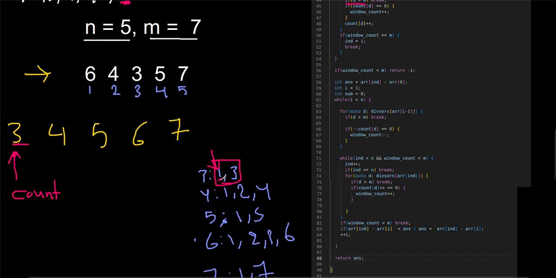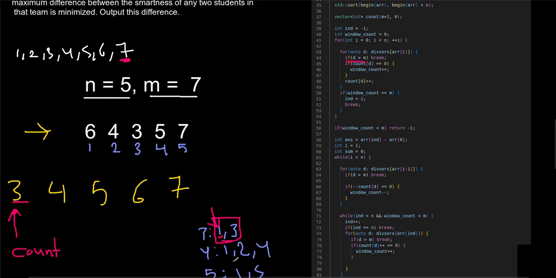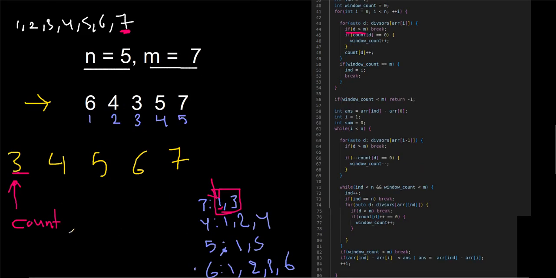Now here we have 1. Let's see which topics are covered. So 1, here we have 1 and the count is 1.